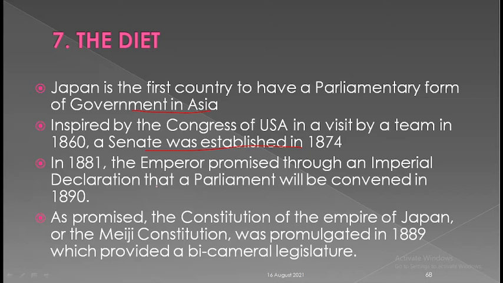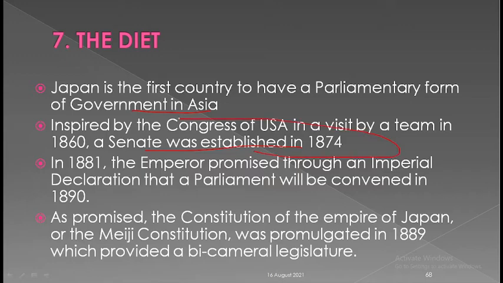These officials were so impressed with the kind of legislative procedures that the American Congress have. So when they came back, they started protesting, they started demanding from the government that similar institutions should be established. So finally, a Senate or a deliberative assembly was established in 1874.